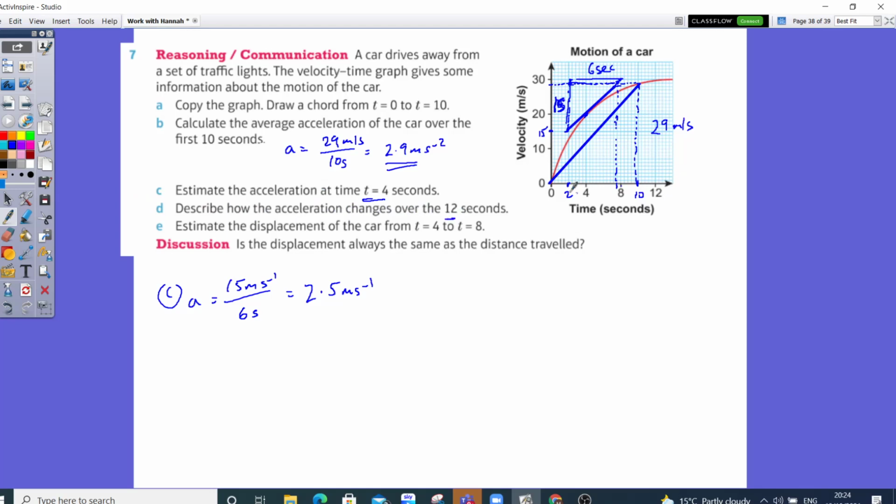So if we describe how the acceleration changes, the acceleration seems to be up, and then after 12 seconds it slows down. It's starting to slow down here. You speed up, and then the acceleration kind of slows down. It kind of comes to a halt of acceleration.